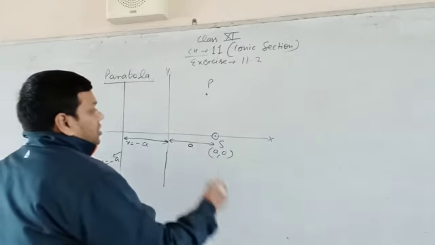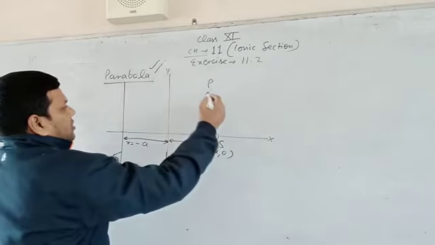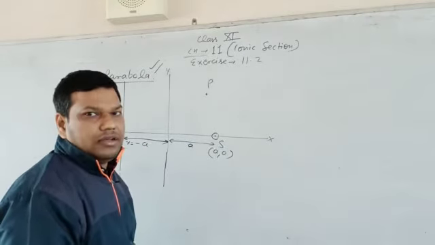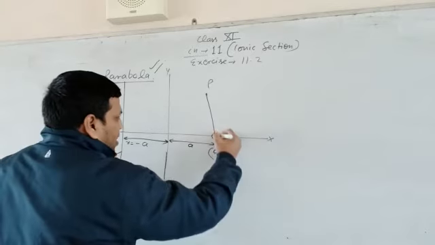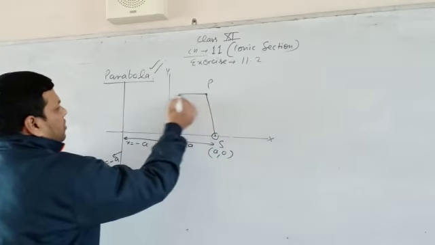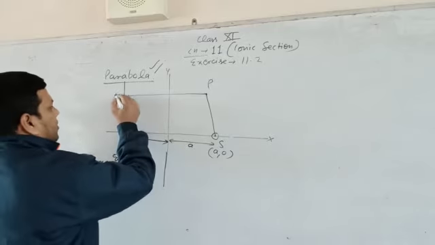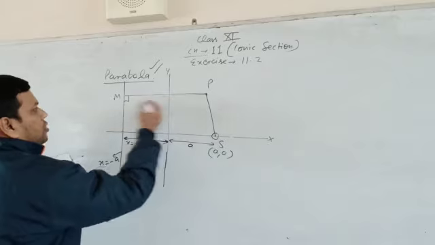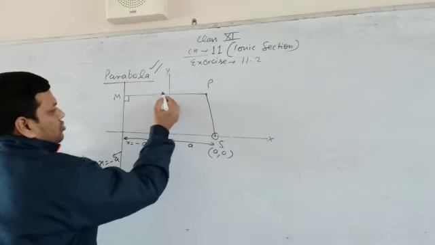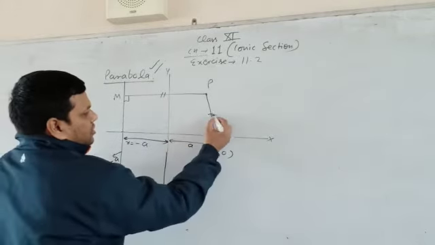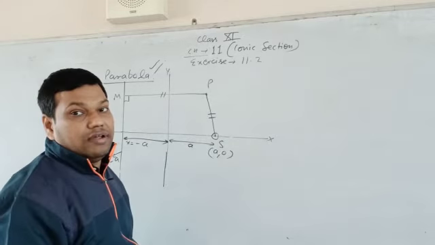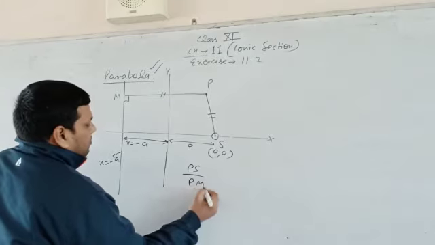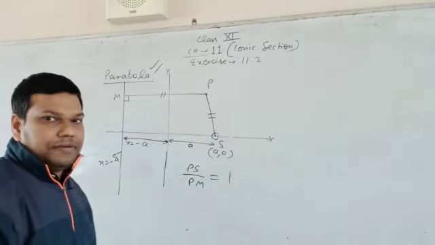Now the parabola is defined as the locus of a point P such that, if we draw a perpendicular PM from P to this line, then PM and PS must be equal. That means PS upon PM, the ratio of these, must be 1.